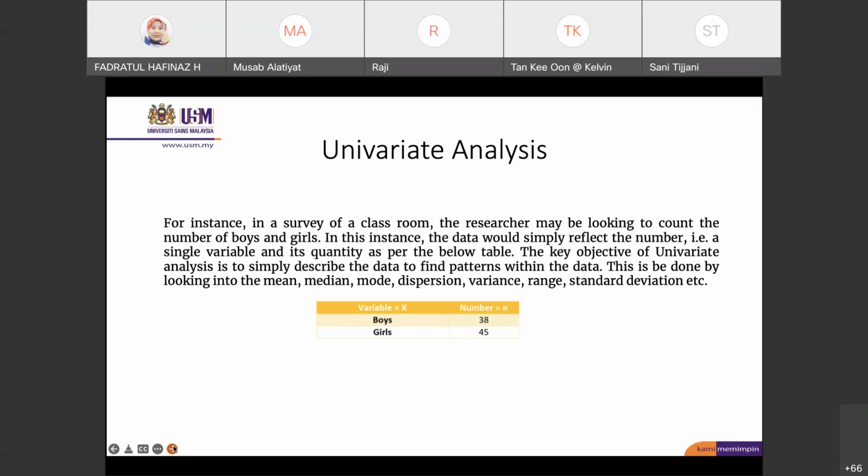So the main objective of univariate analysis is to describe the data and find the pattern within the data set, right? This is done by looking into the descriptive statistics, which are the mean value, median, mode, dispersion, variance, range, and also the standard deviation value.